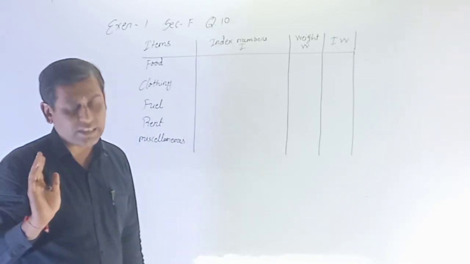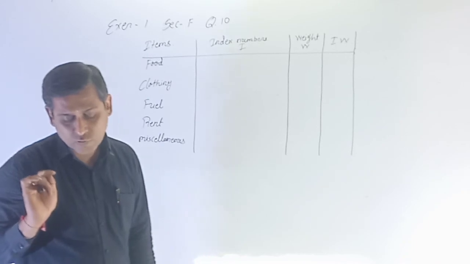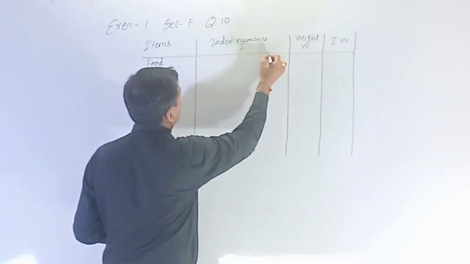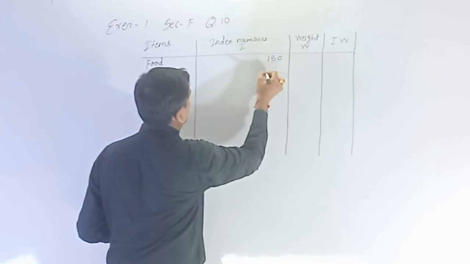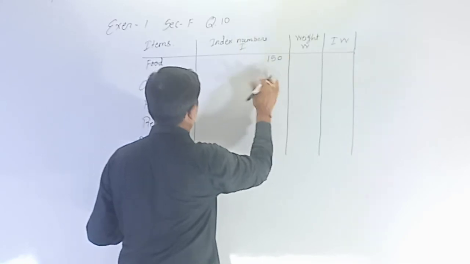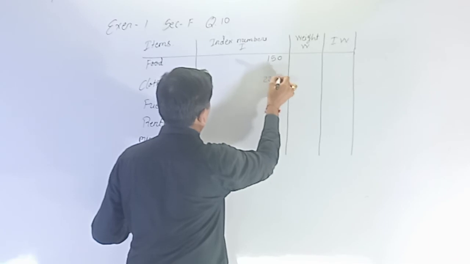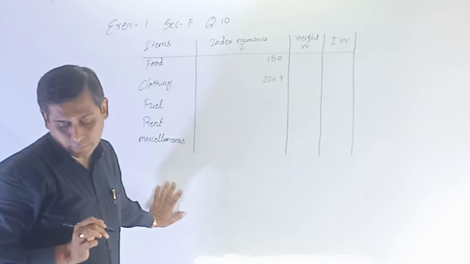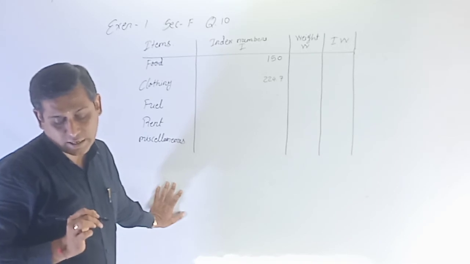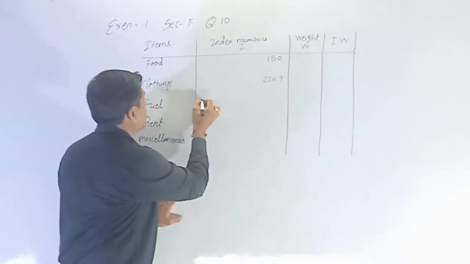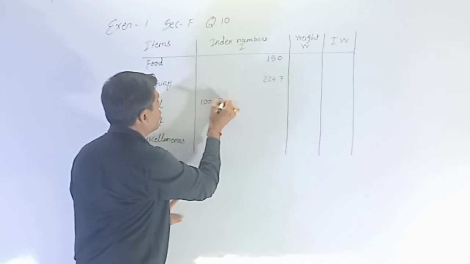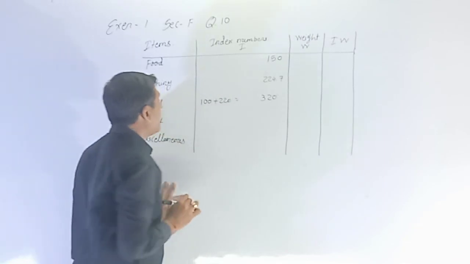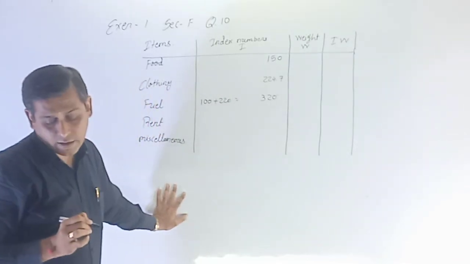In the first two items the index number is given directly, that is 150 and 224.7. Now in fuel, the price of fuel has increased by, so increase means 100 plus 220, that is 320 is the index for the fuel.